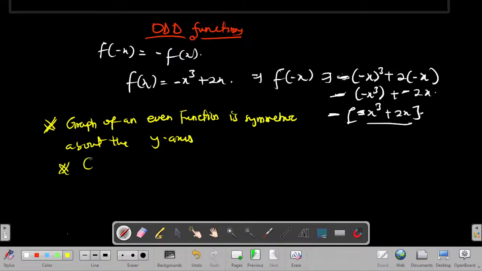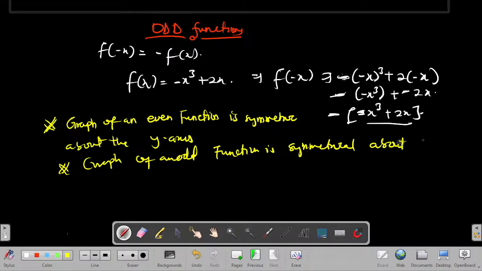Then the graph of an odd function is symmetrical about the origin. Good. So take these two things to carry on.